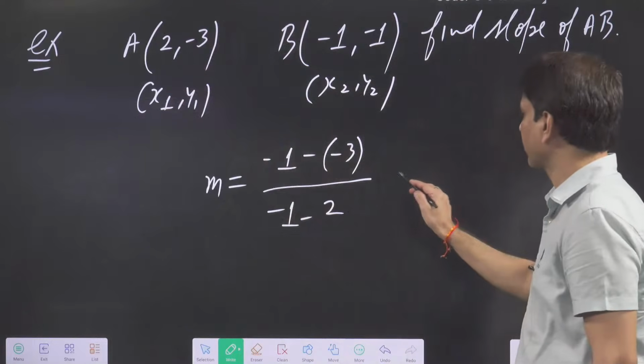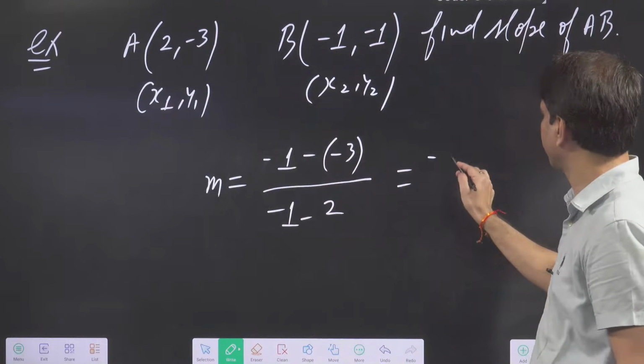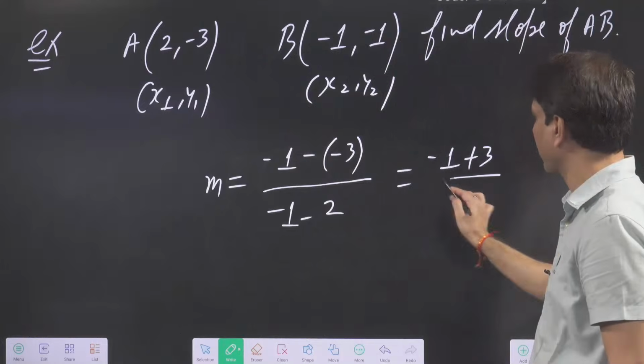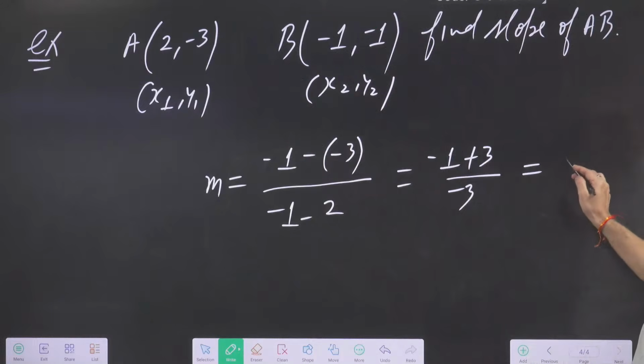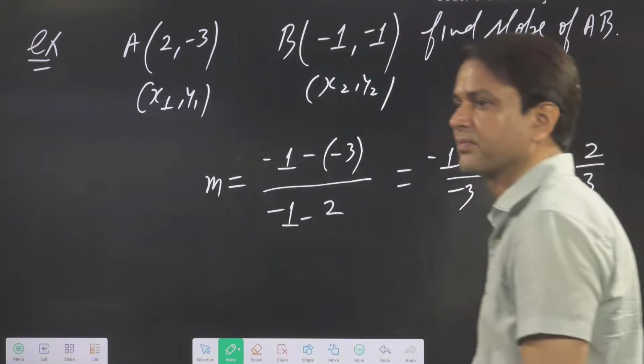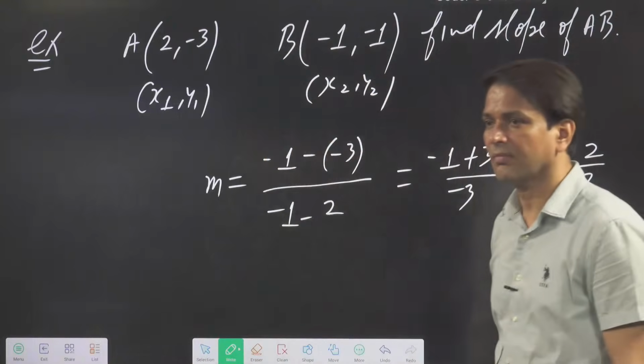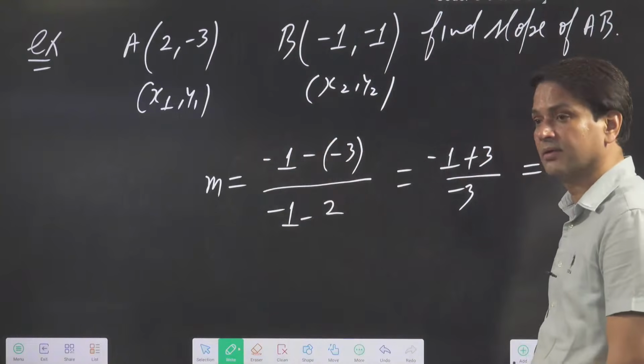Then what did we get? Minus minus becomes plus, so minus 1 plus 3 upon minus 1 minus 2, that becomes minus 3. 3 minus 1 is equal to 2. Then what is the answer? You got minus 2 by 3. Good. Slope is minus 2 by 3. Okay. Completed.